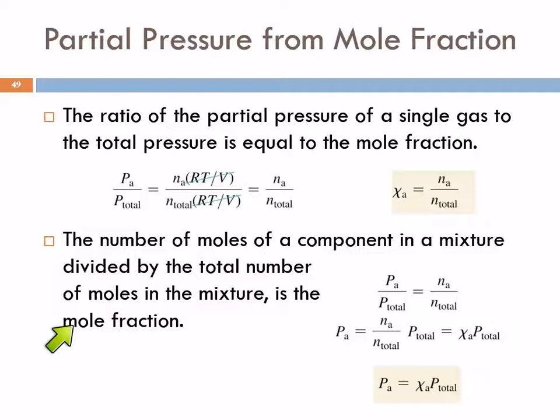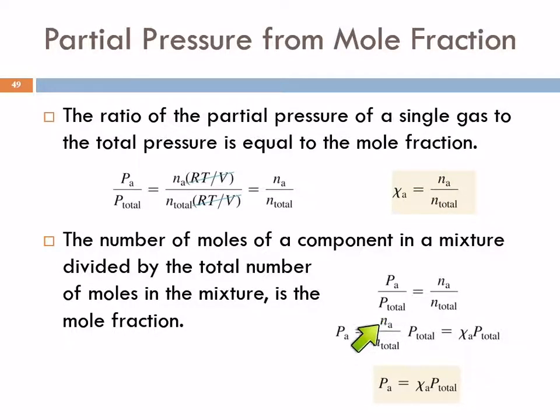The mole fraction can help us to relate the partial pressure of A to the total pressure of the gas. Here we're taking this side and rewriting it down here. Then we're rearranging, multiplying both sides by P total, so we get PA equals NA over N total times P total.